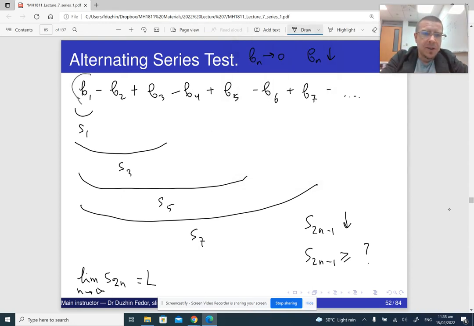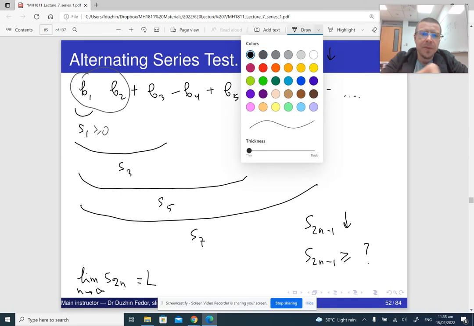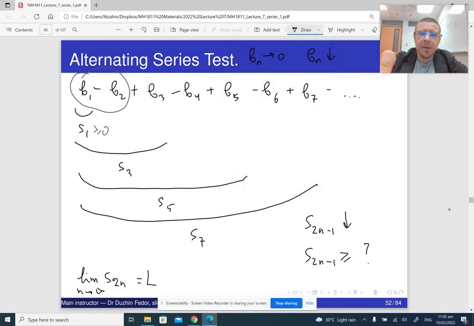S1 is just B1 and it is positive, right? So S1 is non-negative. Now, if you look at S3, then S3 looks like this. It is going to be B1 minus B2, which is positive, plus B3. So this is positive, and this is also positive. So S3 is still positive.